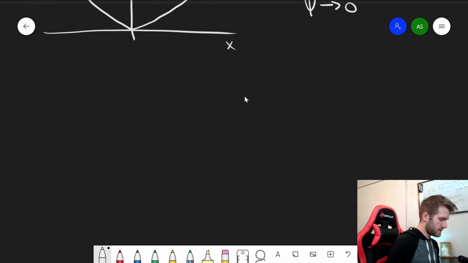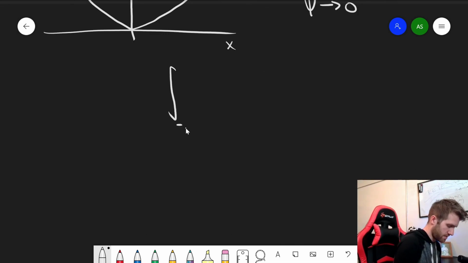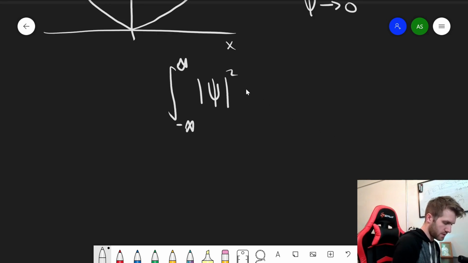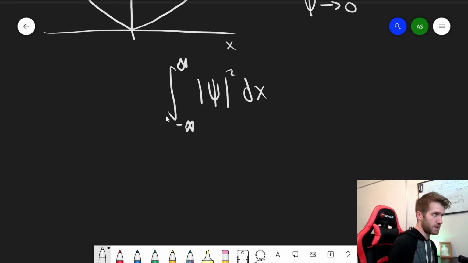So let's take our normalization condition. We have negative infinity to positive infinity, where we have psi squared with respect to x. And what we're going to do here is differentiate this term with respect to time and see what happens. We're going to see how time affects these normalization conditions.